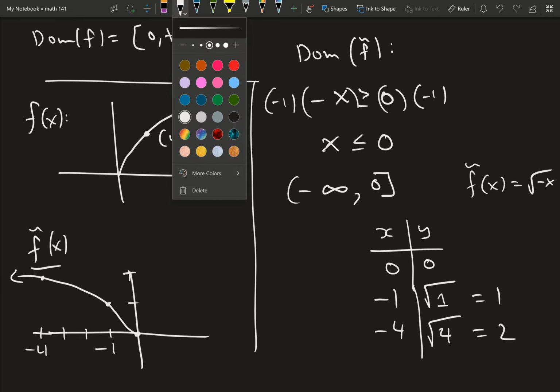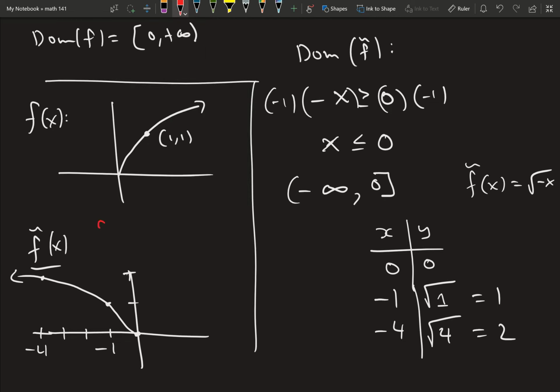So let me write that down. These are reflections of each other across the y-axis.